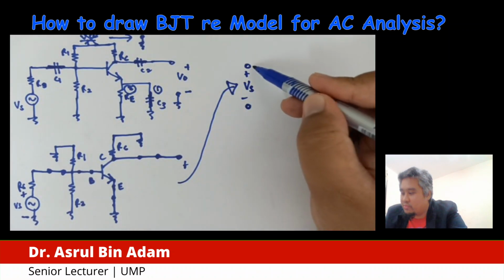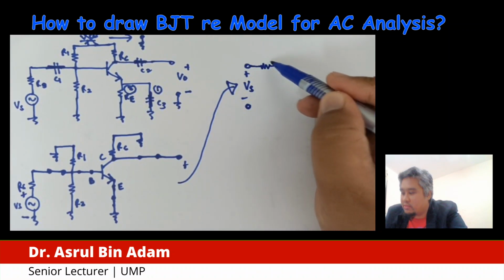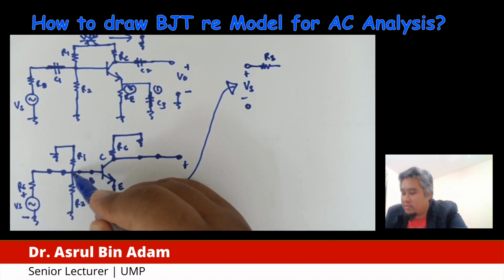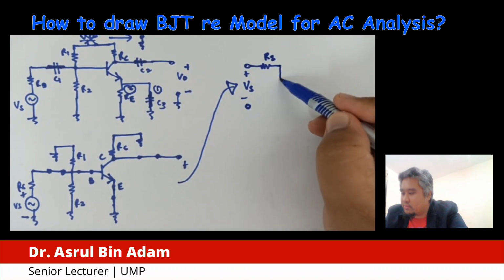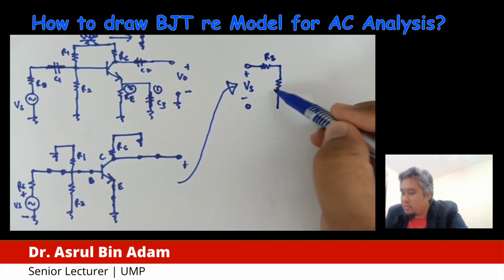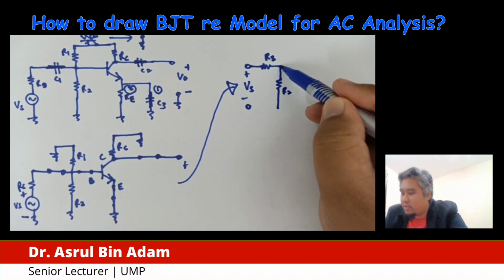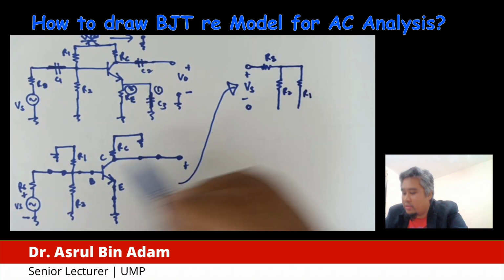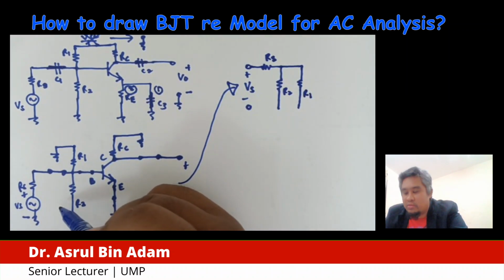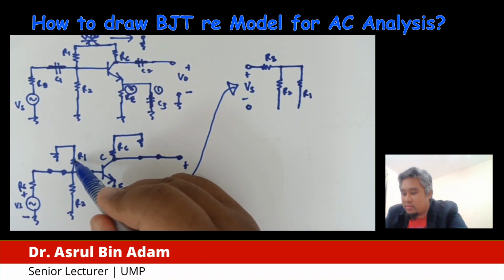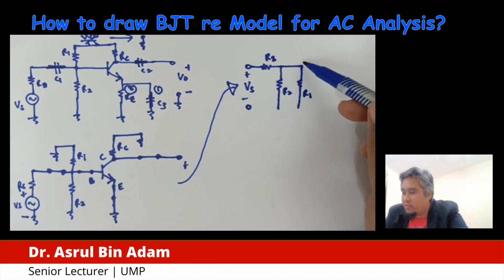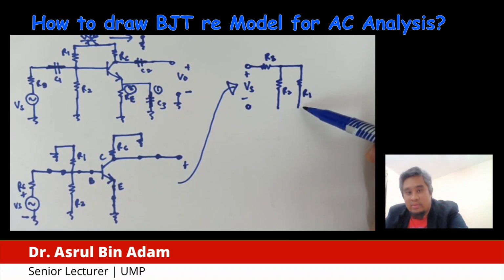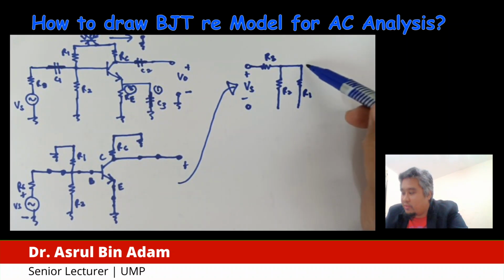This is our RS, and then we have R2 here. Here we have R1, and R1 connects to ground. So we move R1 from the top to the bottom part.